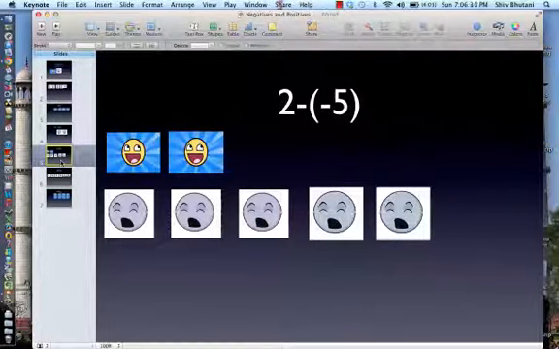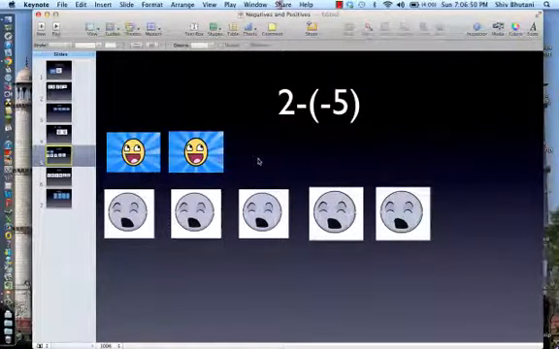The next question is 2 minus -5. So what you're looking at right now is impossible because you can't take away -5 from +2. So we have to add 0 pairs.